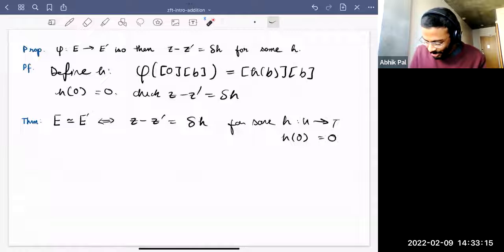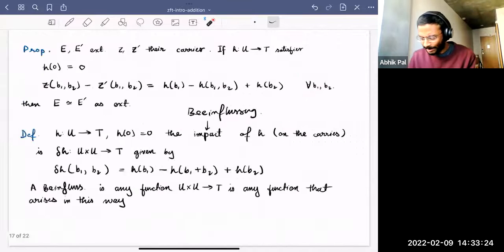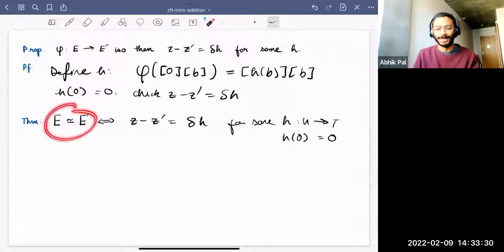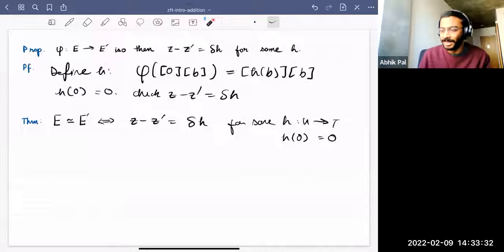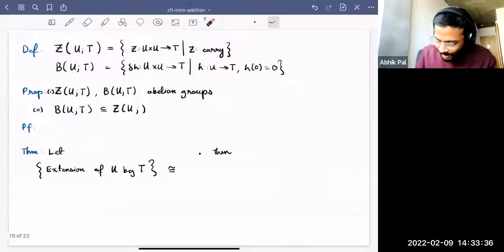Okay, so anyway, this is the theorem that we have, but now we can maybe formalize this a bit more, because it seems that if we start with the carries and mod out by these Beeinflussungen, we should get some nice group structure, and maybe that will completely tell us what the isomorphism classes of extensions are. So let's define two groups.